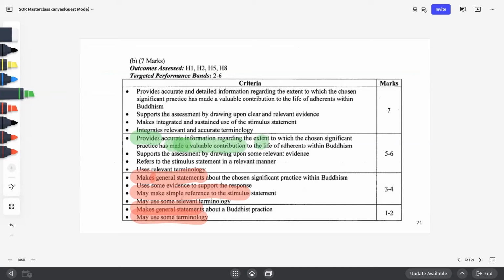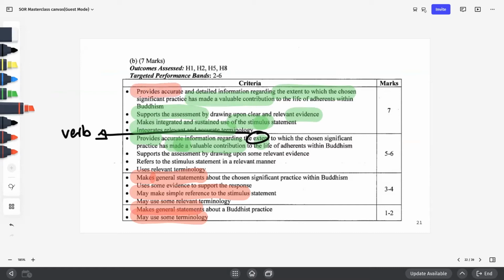An extent. Yes, the extent is this is our verb. So that's skill. That's all skill based. Here you've got to integrate relevant and accurate terminology and make sustained use of the stimulus. Support the assessment with the evidence. Again, you need to, the extent to which the chosen practice has made a contribution.